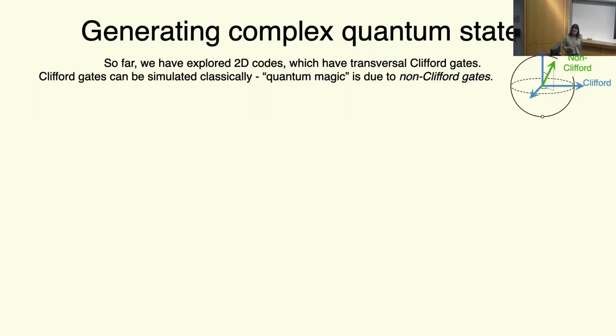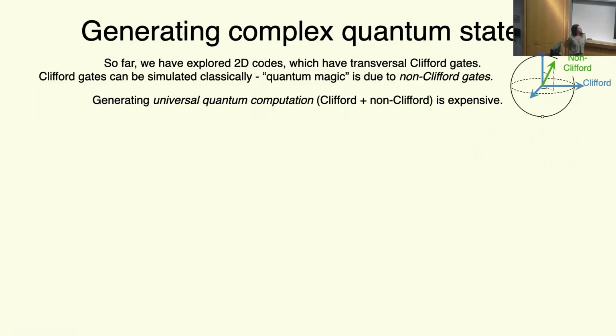And basically these magic states will take you away from these 90-degree angles on the Bloch sphere and allow you to explore the whole Hilbert space of not just a given logical qubit, but also, combined with an entangling gate, the whole Hilbert space of your many-body system.